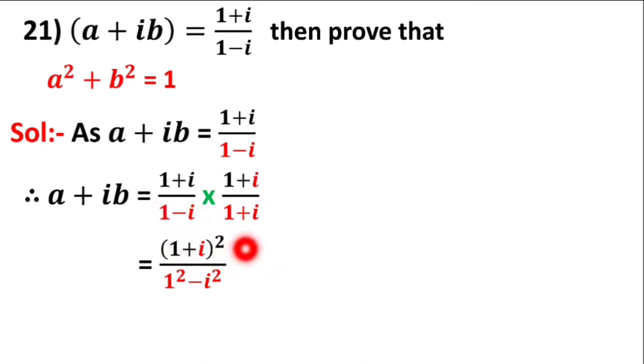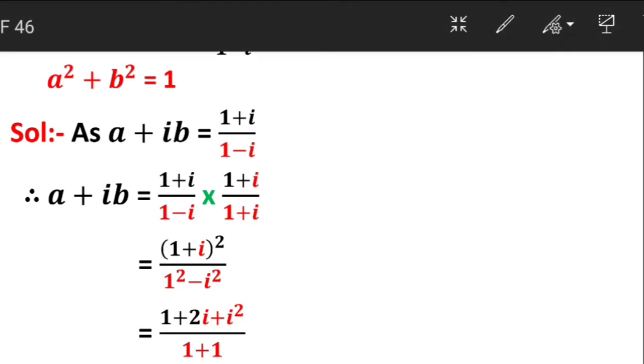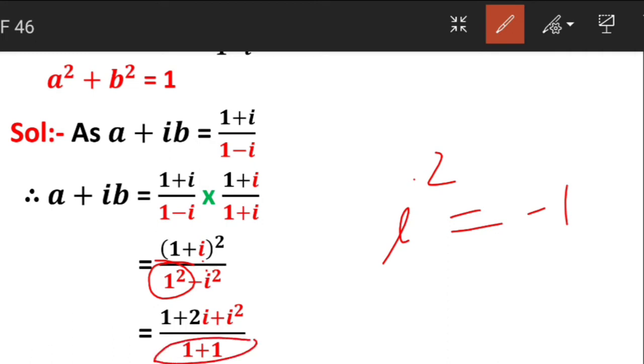Here you have to expand the numerator using the a plus b whole square formula, that is 1 square is 1, plus 2 into 1 into i, which means 2i, plus i square, divided by 1 plus 1. Why 1 plus 1? Because i square is minus 1, and here 1 square is plus 1, minus i square, minus into minus 1, becomes plus 1. So the denominator is 2.